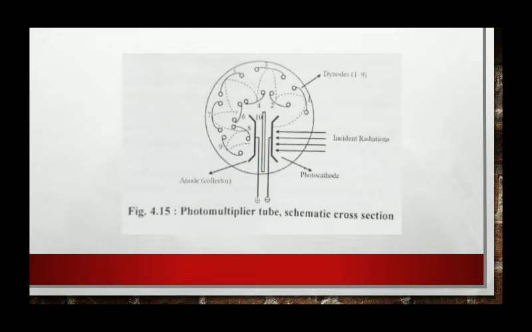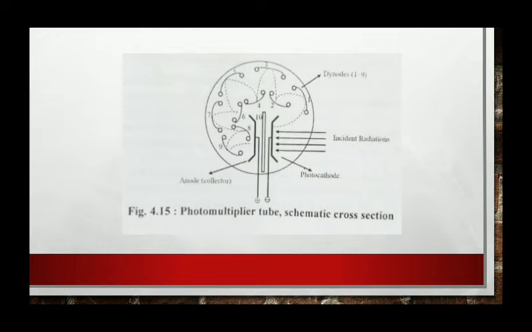This process is repeated 9 times. Nearly 10 raised to 6 to 10 raised to 7 electrons are released for each photon striking on the photocathode. Finally, electrons leave the last dynode and are received by the anode.